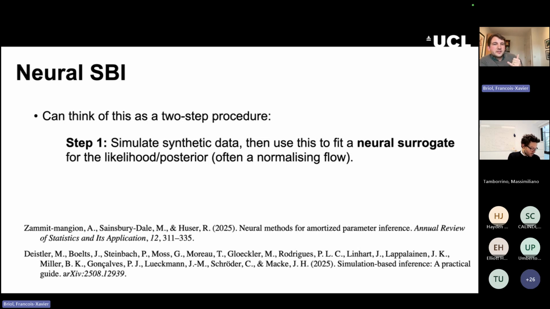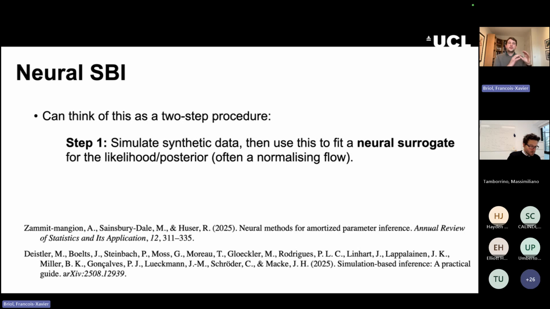The way I do this is I use my simulator to generate lots and lots of synthetic data for different theta values, and then fit a conditional density model to that synthetic data. Typically this is something like a normalizing flow, though it doesn't have to be. I call this a neural surrogate.